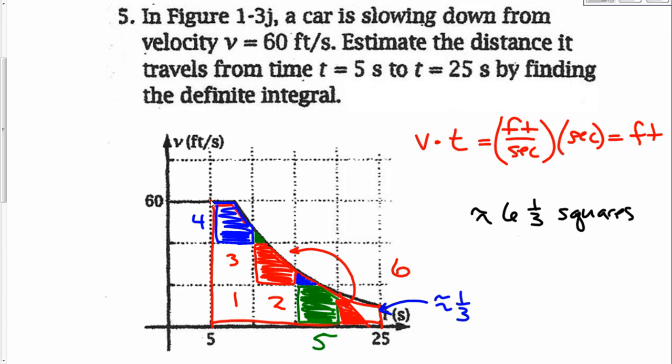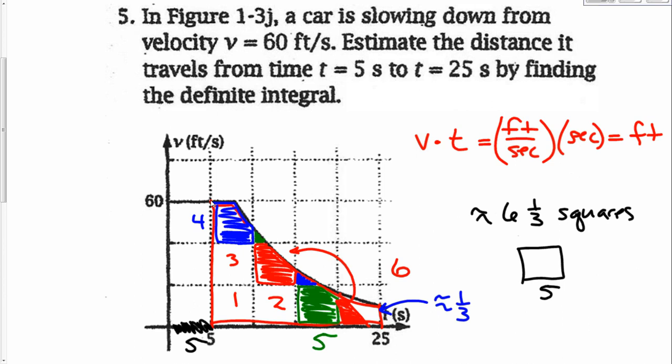And now I need to figure out how big each square is. For each square, let's look at the x-axis first. The very first square on the grid, going across, the x-axis seems to be 5, and I'm going to label that on my square as 5.